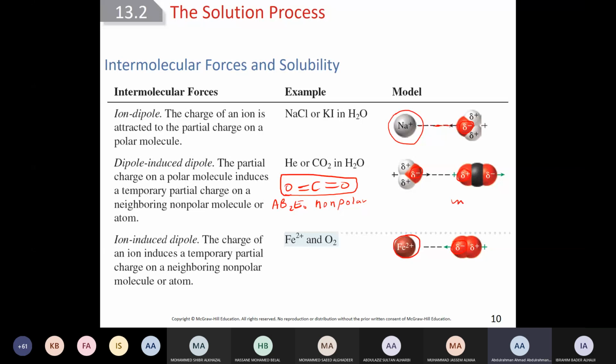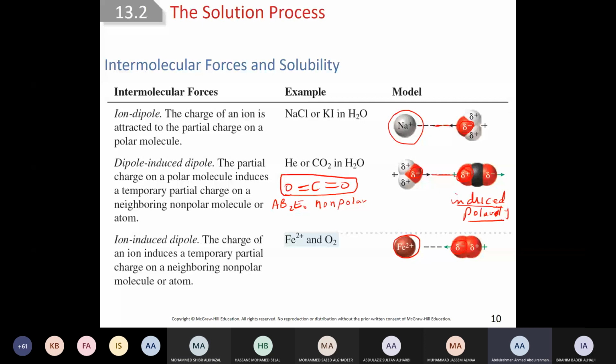Because of induced polarity. You remember the London forces? Yes, these are London forces, the intermolecular forces, which we also call induced polarity, and they are attracted to each other by the induced polarity.